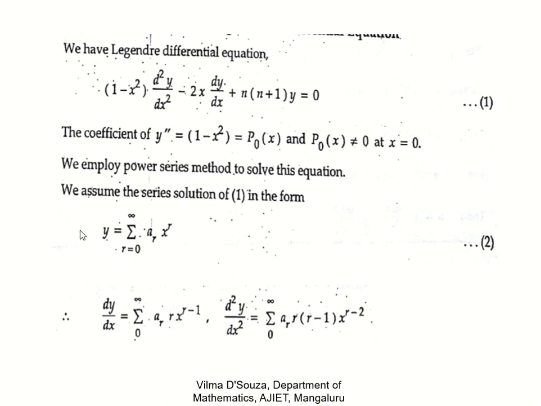From that you find dy by dx. What is dy by dx? Summation a r into the differentiation of x power r, that is r into x power r minus 1. And d square y by dx square is summation a r into r into r minus 1 into x power r minus 2.